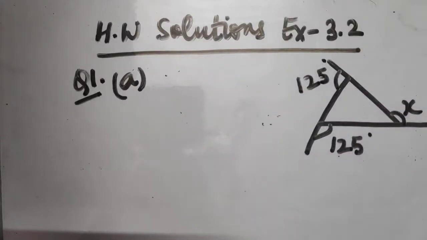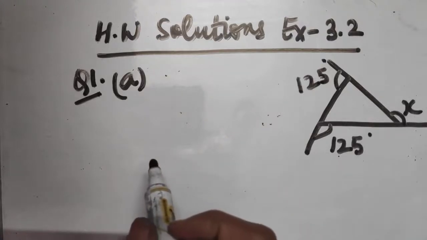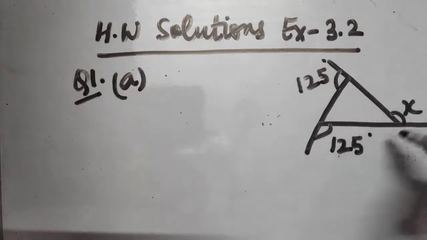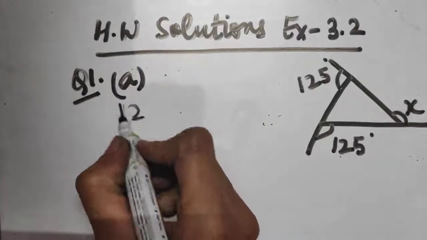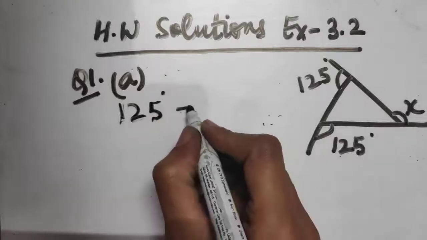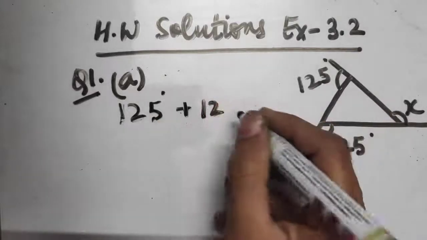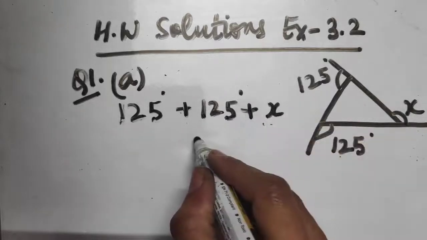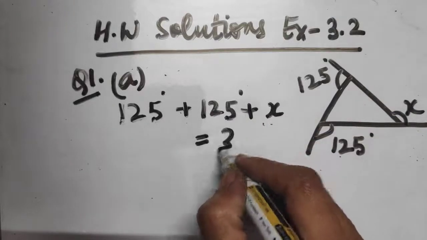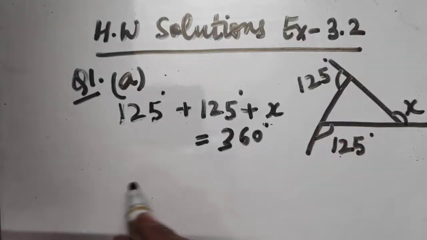So, dear children, as we have studied, the sum of all the exterior angles equals 360 degrees. So, 125 degrees, this exterior angle, plus 125 degrees plus X is equal to 360 degrees.